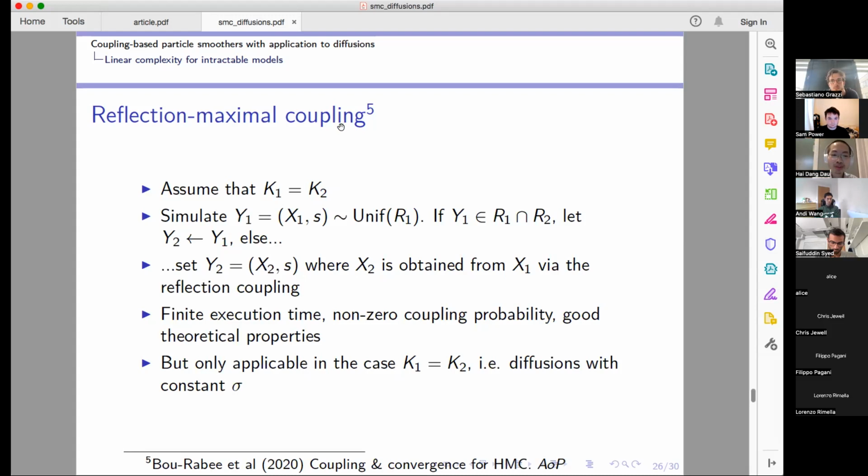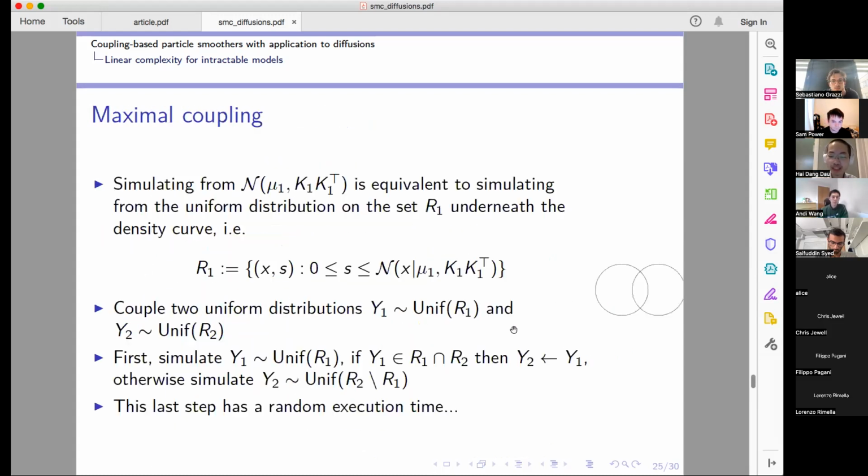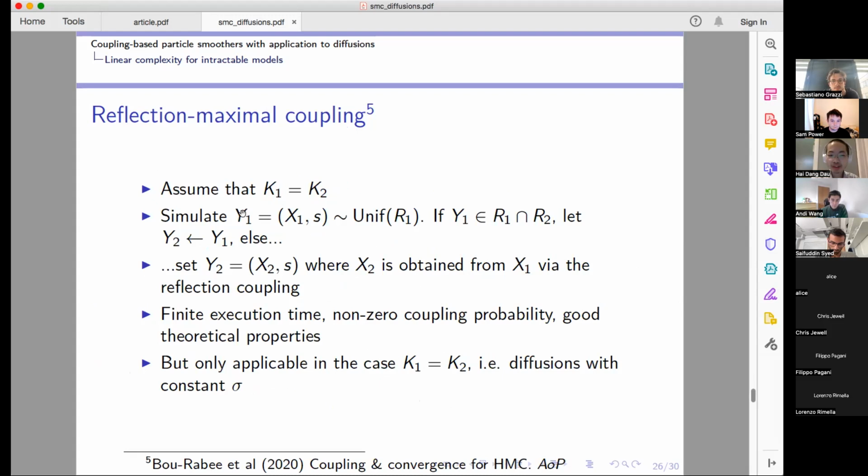To do reflection maximal coupling, you have to assume that K1 is equal to K2, where K1 and K2 are the parameters of the two normal distributions that you want to couple. If K1 equals K2, you simulate Y1 uniformly in R1, and if Y1 gets into the intersection, you set Y2 equal to Y1 as before.